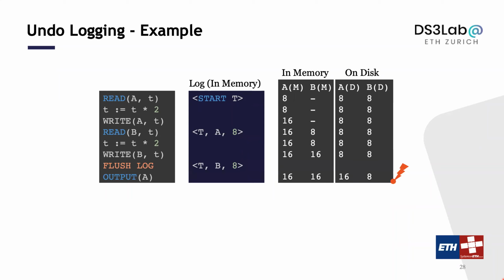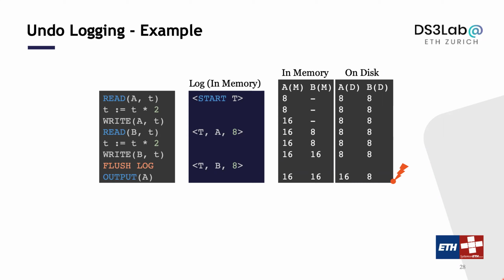And what if you crash here? That becomes a little bit interesting. This is after the point that I already flushed my log, and then in the middle of this transaction making changes to my hard drive, the system crashes. When I reopen it, first, what do I see in my log?